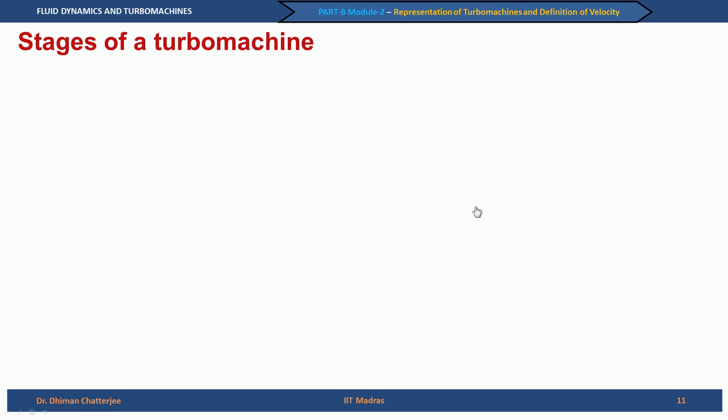Now, we will talk about stages of a turbomachine. By stages of a turbomachine, we say that the turbomachine can be of single stage or multiple stage. For example, when you saw an axial flow compressor which we showed you last week, we talked about the many stages. There are many sets of the guide vanes or the stationary blades and the rotating blades or the impellers.